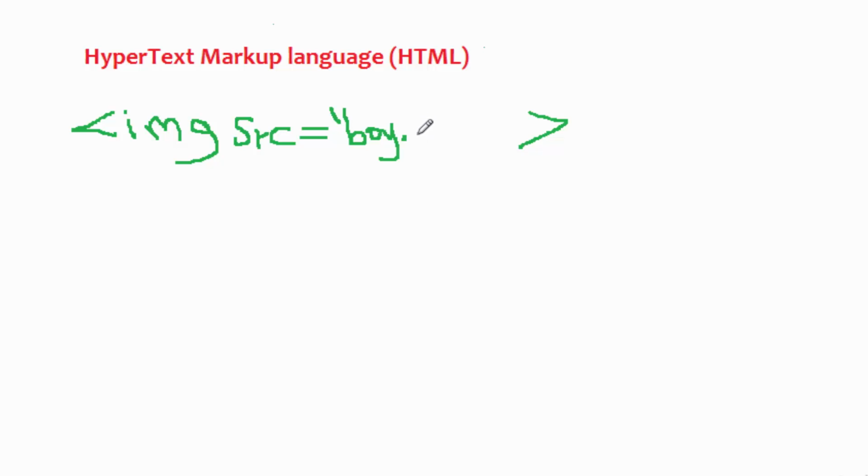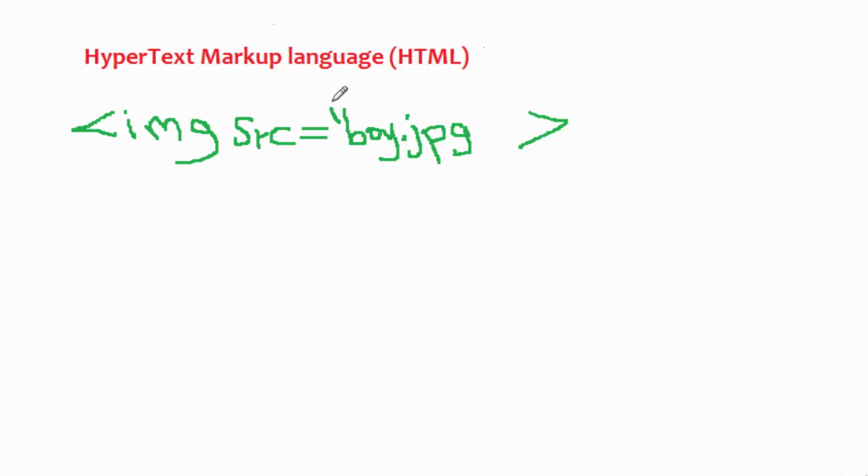So if my image file is called boy, I will check its type, and we have types such as JPG, PNG. We also have GIF depending on the type of the image. So here I will write, assuming my file is JPG, I will write boy.jpg.